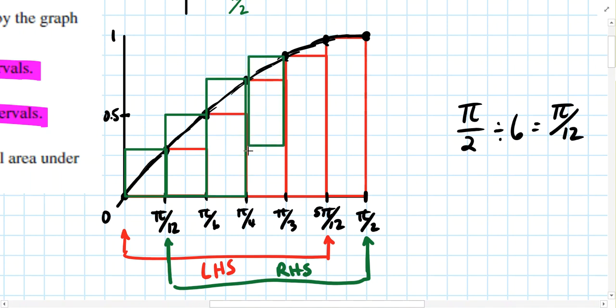And here again, since the function is increasing, you should notice that the right-hand sum will be an overestimate for the area underneath the curve. Each of these rectangles are taller than the height of the function itself.